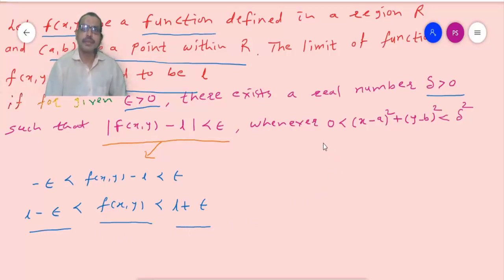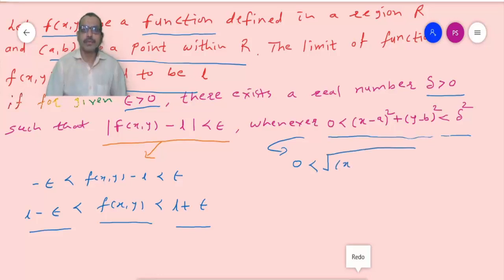Here in this definition, whenever 0 less than (x minus a) square plus (y minus b) square is less than delta square, this can also be written as 0 less than square root of (x minus a) square plus (y minus b) square is less than delta.